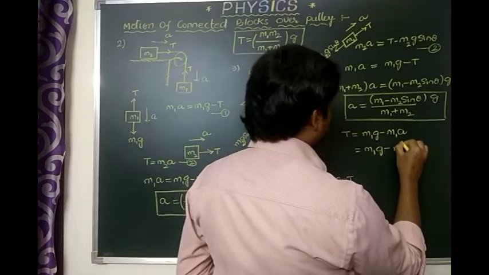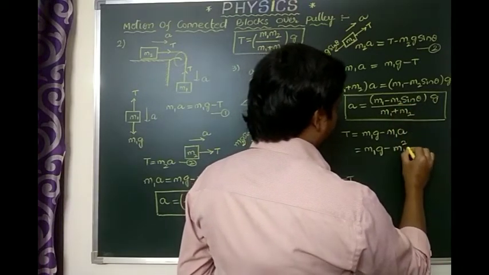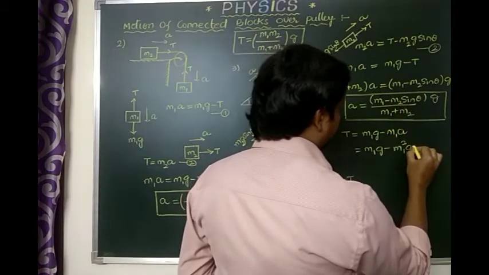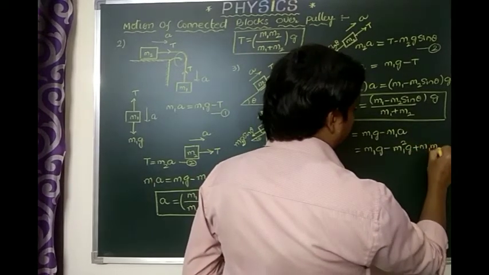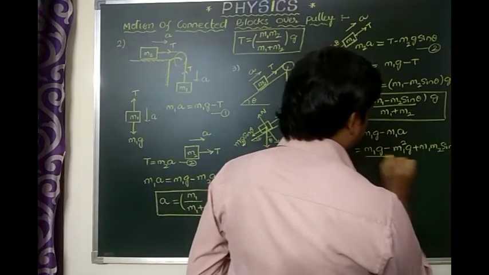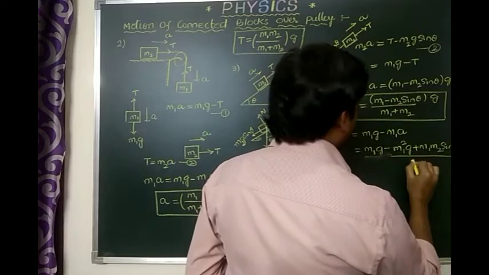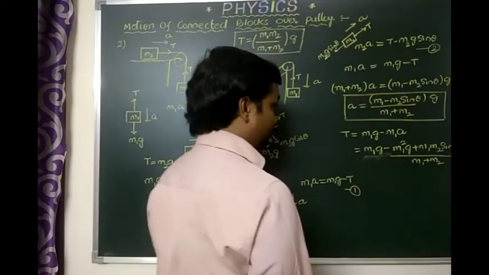M1 square, multiplying directly, m1 square g, m1 m2 sin theta by m1 plus m2.